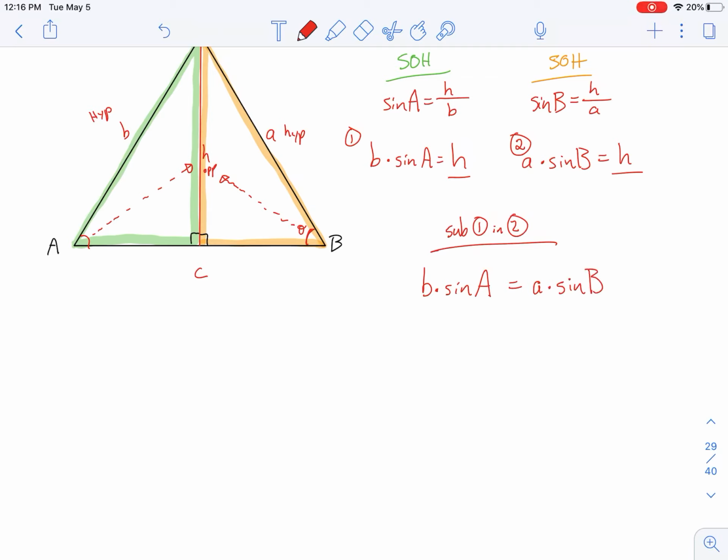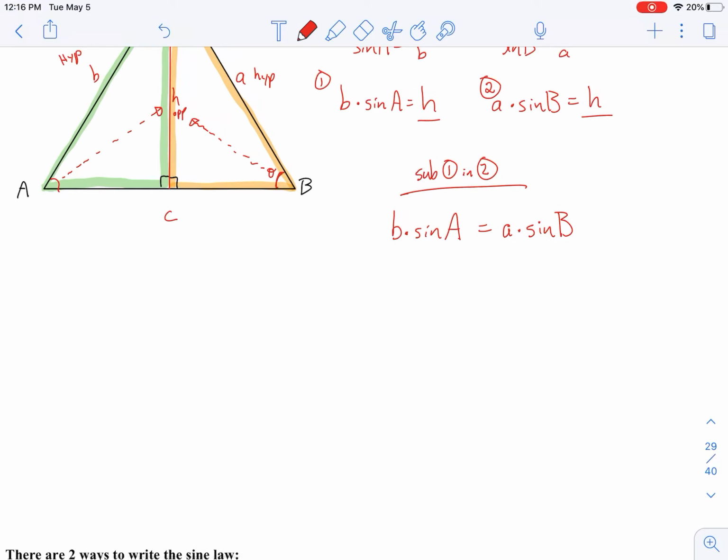I'm going to do one more rearranging just to make our lives a little easier to remember, and say that we can divide both sides by the side length. So if I divide this side by B, then I can have sine A is equal to A times sine B. Of course, if I divide one side by B, I have to divide the other side by B. And now I'm going to divide both sides by A. So I'm going to divide this side by A, and I'm going to divide this side by A. I'm showing lots of work here.